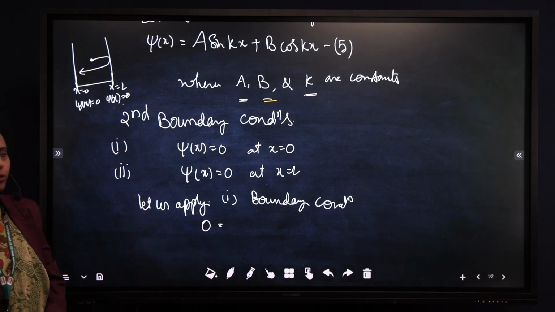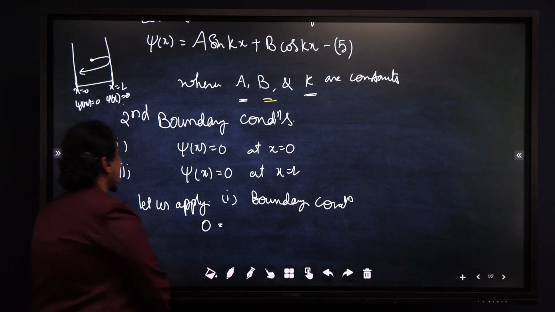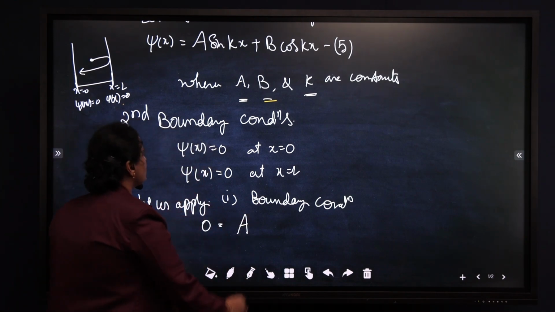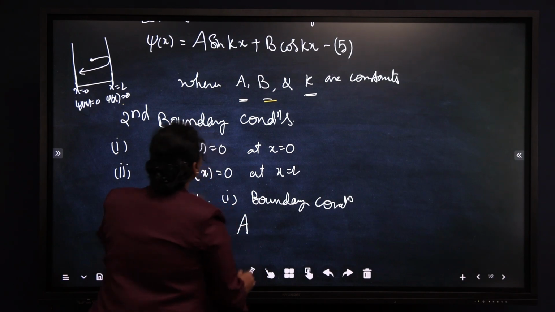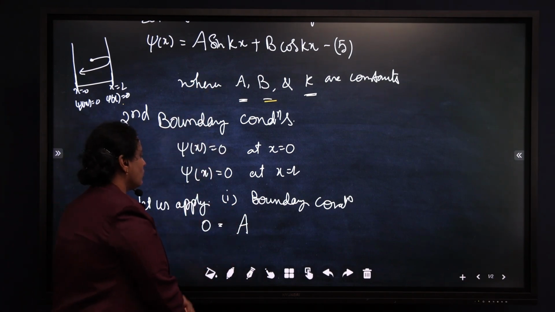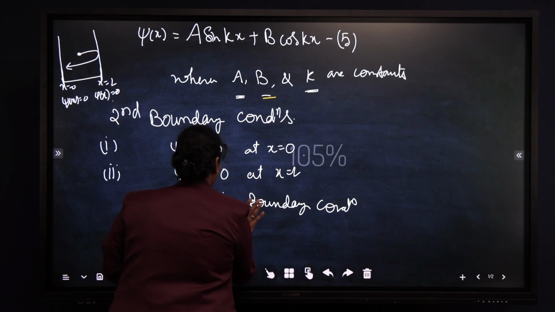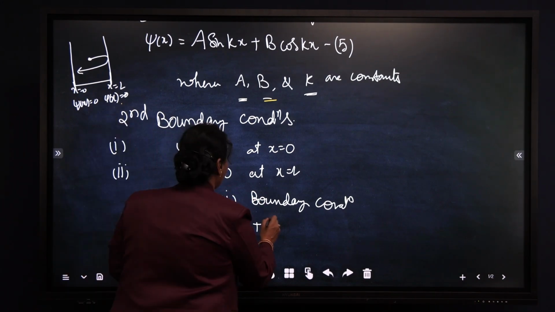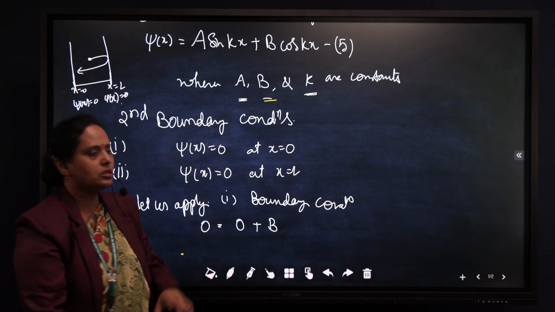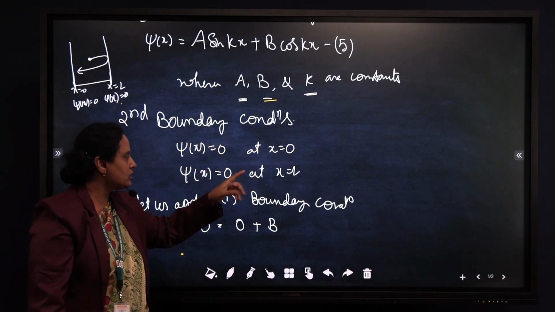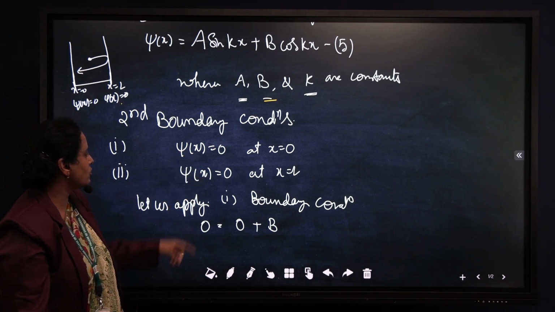Equation 5 is modified as 0 is equal to a sin k0, and sin 0 is 0, plus b cos 0, and cos 0 is 1.